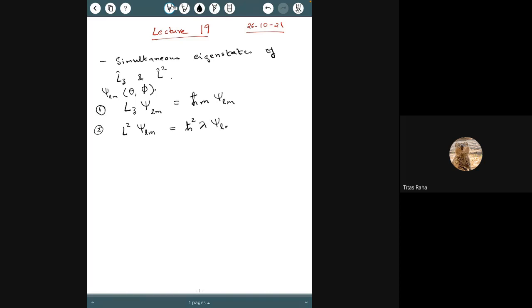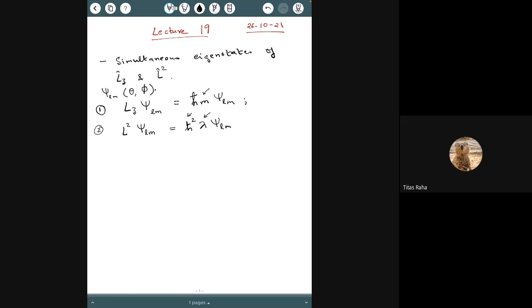Now I have included the constant h cross in the equation for Lz because it has the same unit as angular momentum, which will make my M dimensionless. Also, L square has units of h cross square, so lambda will be dimensionless. That will help me when I solve the equations.